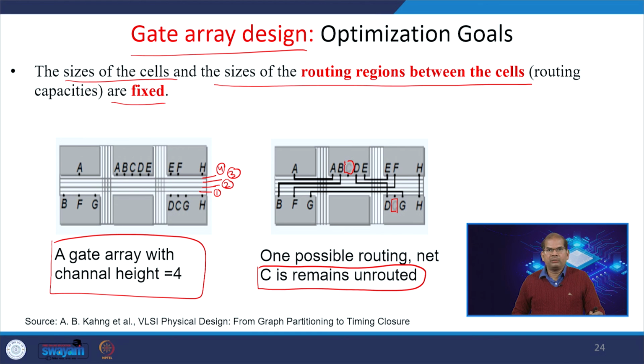How can you solve this problem? The problem can be solved if you modify the placement of the blocks in such a way that all the nets can be routed. The way it was placed, the C net is not routed, but because the routing region is fixed, we cannot modify the routing region in this case.